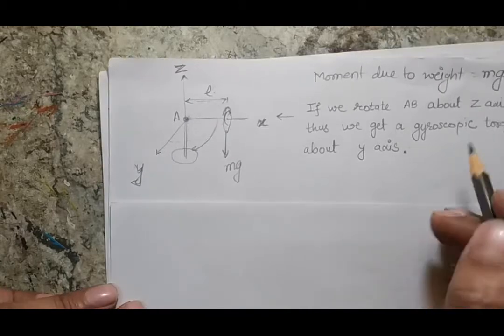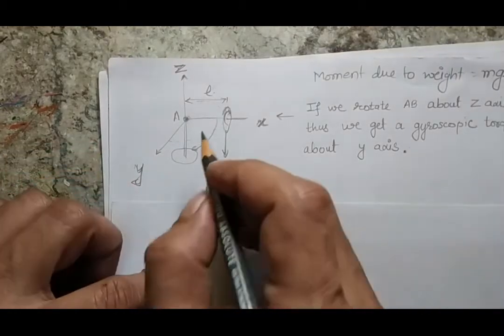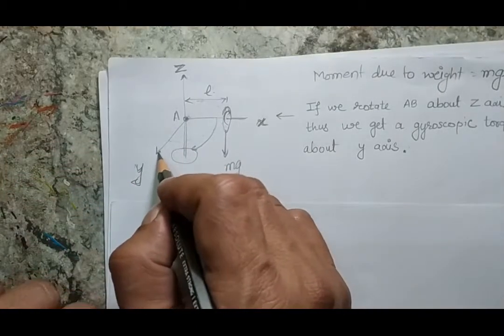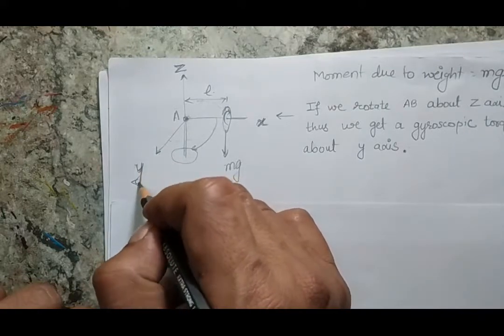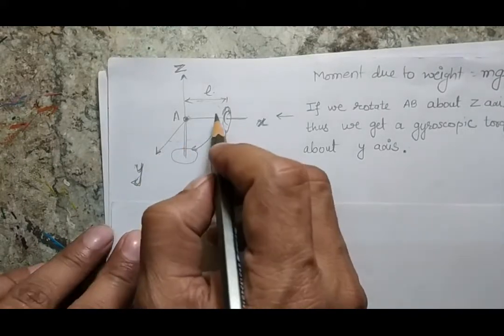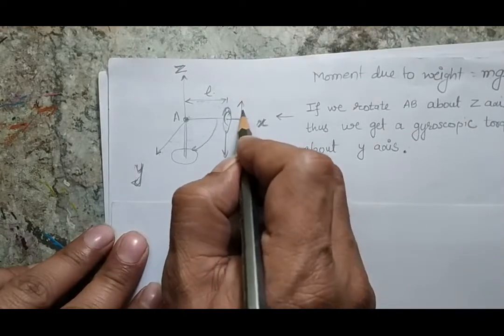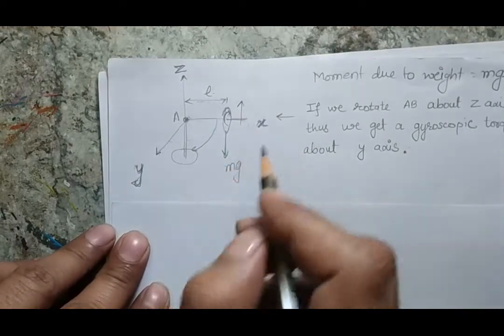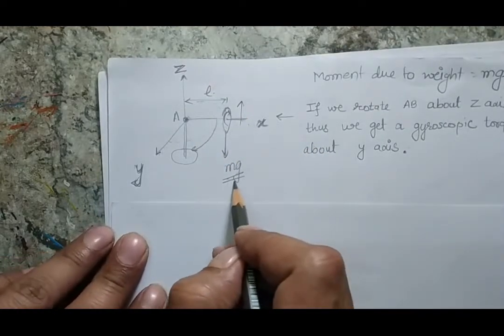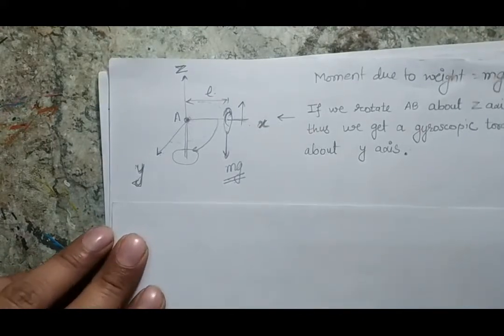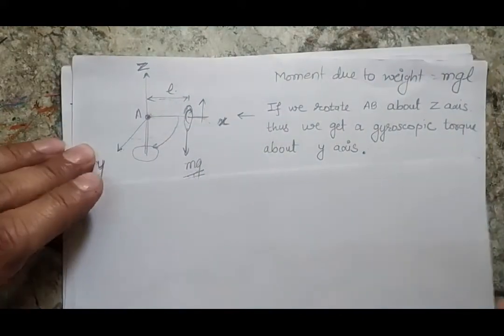So basically there will be a gyroscopic couple with respect to the y-axis, which will give an upward motion to my rotor, and that upward motion will be balanced by the gravitational force, and therefore my rotor will remain in the horizontal position.